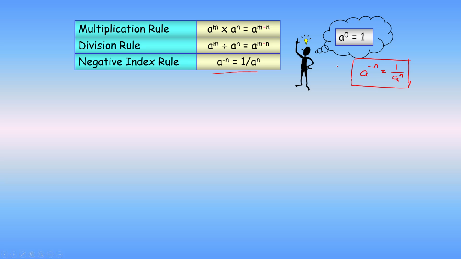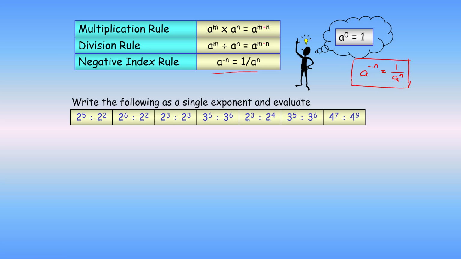And we're going to look at some examples straight away. So, question 1, we're going to use our division rule here. 2 to the power of 5 divided by 2 to the power of 2. So you can do these in your books as examples. So we got 2 to the power of 5 divided by 2 to the power of 2, and that gives us 2 to the power of 5 minus 2, which is 2 to the power of 3.